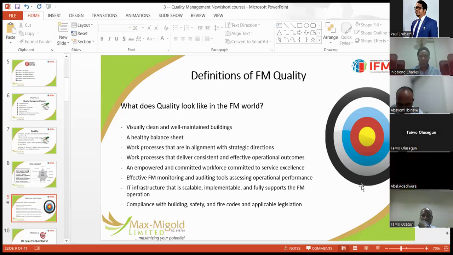Visually clean and well-maintained building. How do you keep a building that has a very high frequency of users clean, and maybe that day there was rain and everything? So you need to really work hard to ensure that that place is clean, well-maintained.